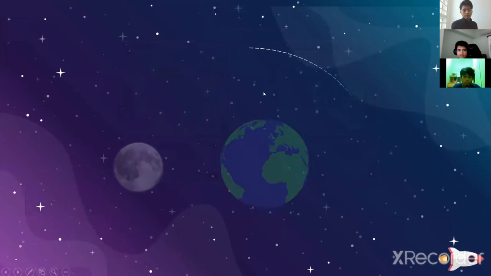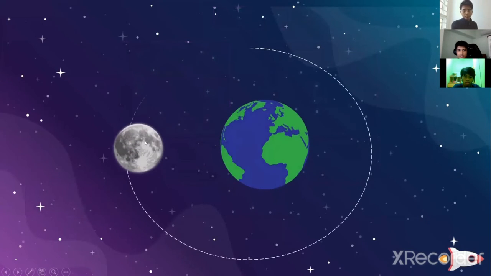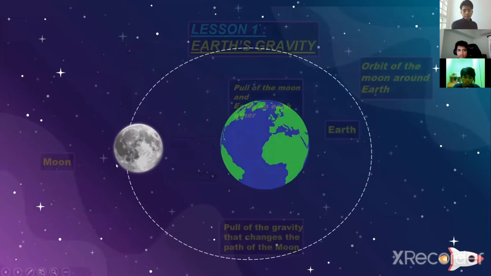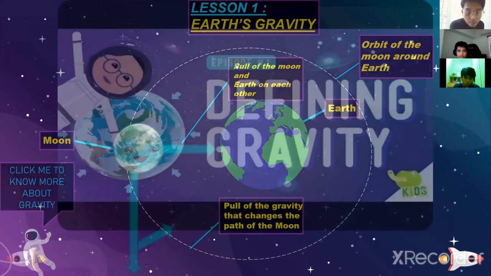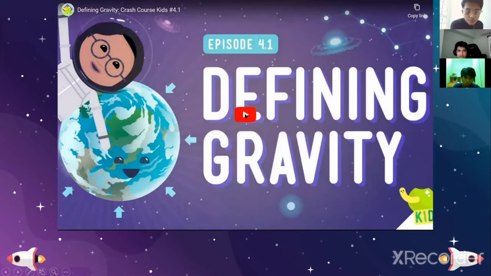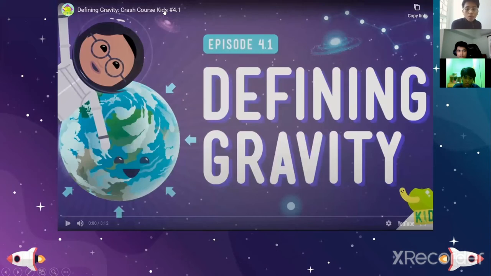For Earth's gravity, there's text and also the understanding of the gravitational pull between the moon and the Earth. If I press the astronaut, we're going to the video presentation where you can learn more.